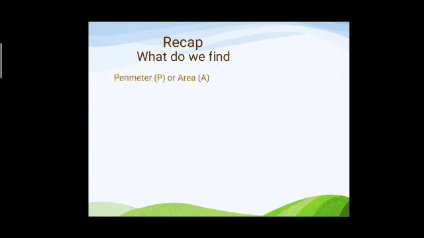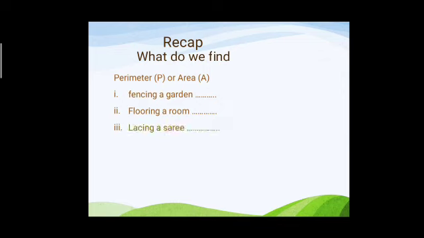What do we find, perimeter or area? Fencing of a garden: if we have to put a fence around a garden, we will find out the perimeter. Flooring a room: then we will work in the figure, that means area.